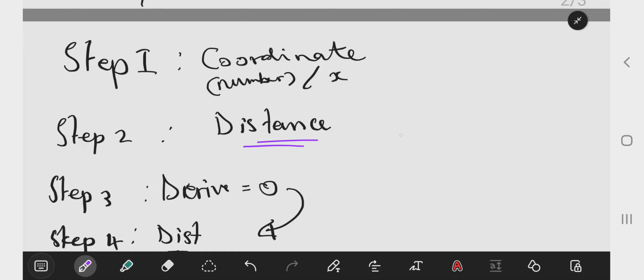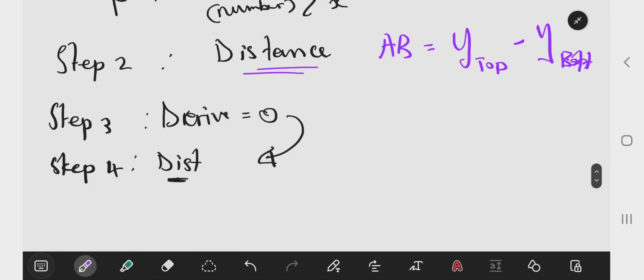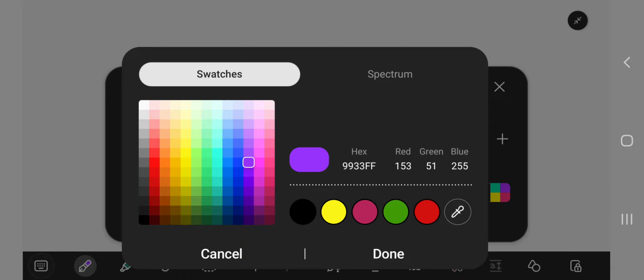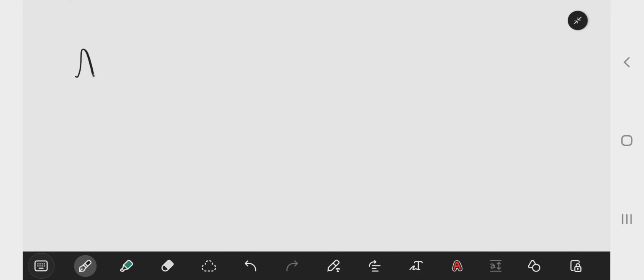So since it's a vertical distance, sithatha i-formula lethu u-AB, I mean distance yethu AB, kuzoba y wangaphezulu minus y wangaphansi. Okay, so asicalculate ke le distance AB. Sesiku step number 2.